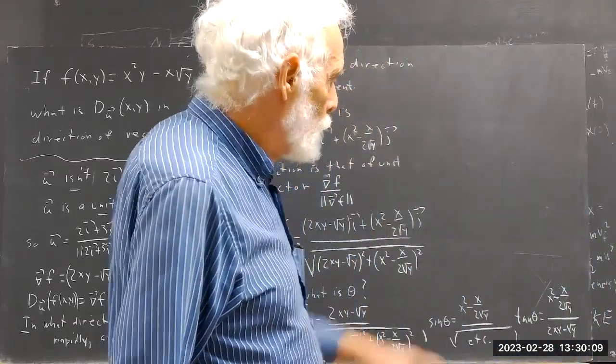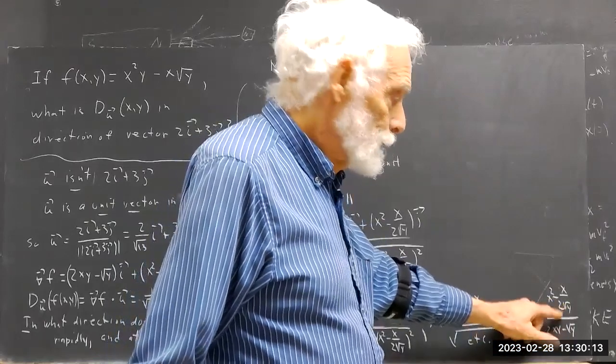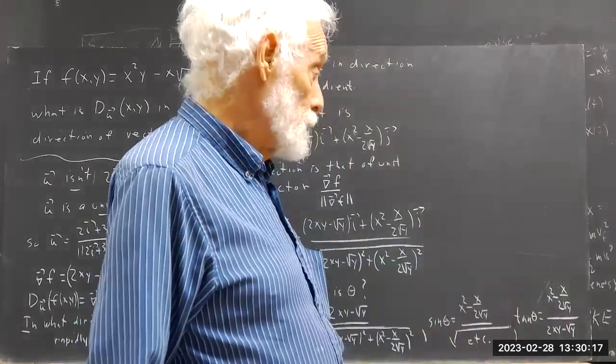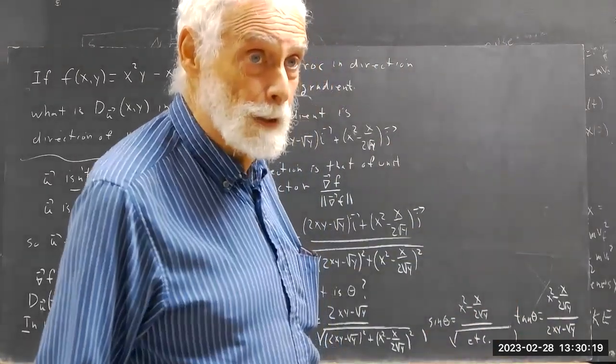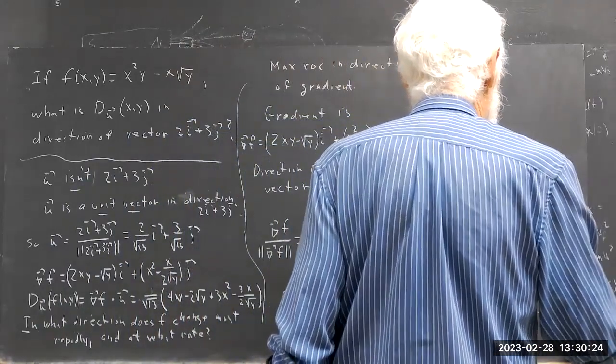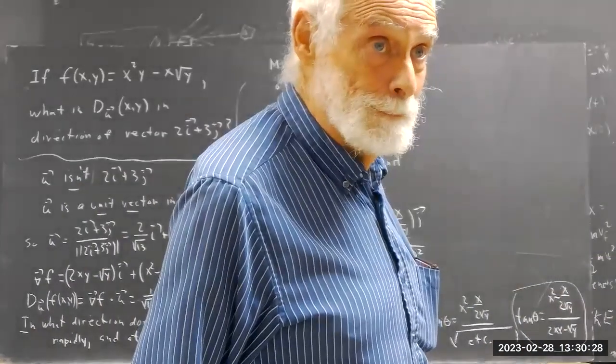I would multiply both the numerator and the denominator by the square root of y to get rid of that fraction in the numerator. If I was going to use the expression, it's just so easy to do that. And of course, now we use the inverse tangent of that.